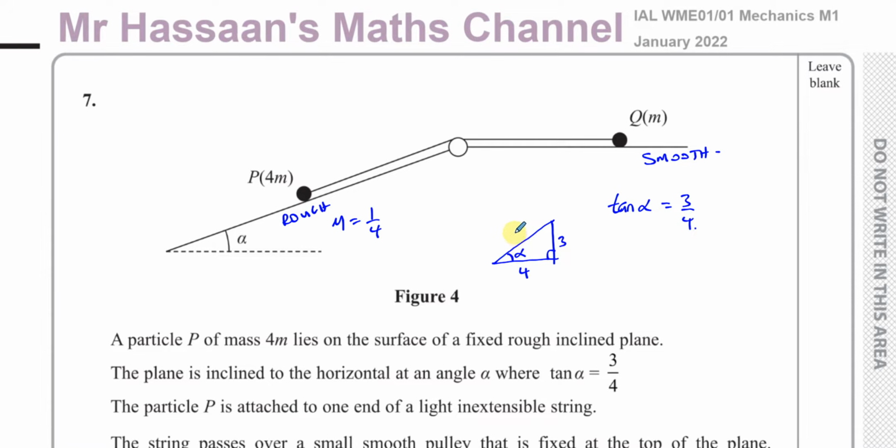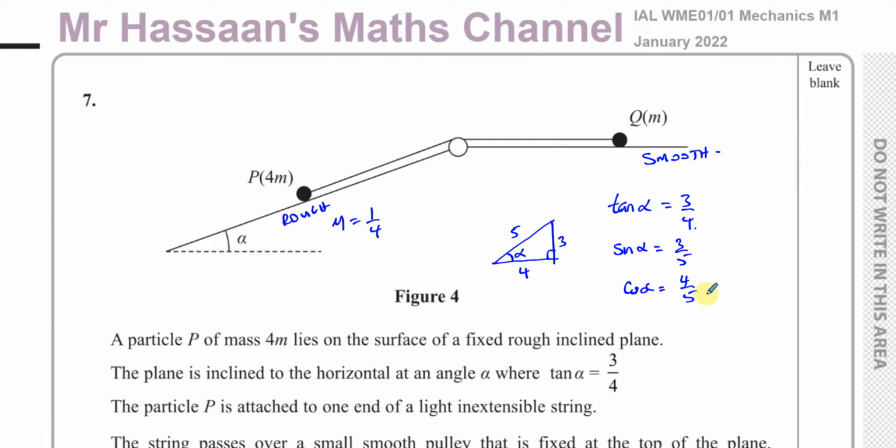That means the hypotenuse of this right angle triangle would be 5. A 3, 4, 5 triangle: the square root of 9 plus 16, the square root of 25, is 5. Which means the sine of angle alpha is opposite over hypotenuse, which is 3/5. And the cosine of angle alpha is adjacent over hypotenuse, which is 4/5.